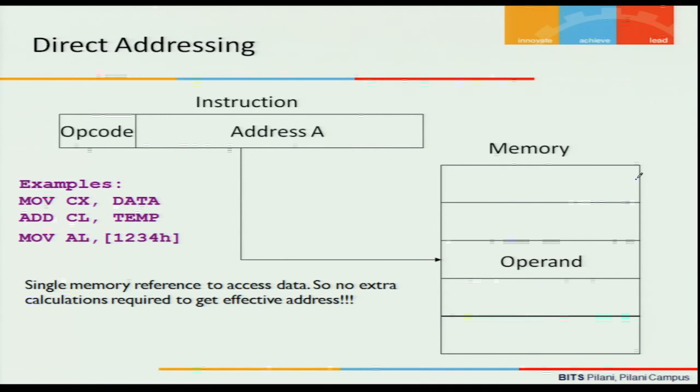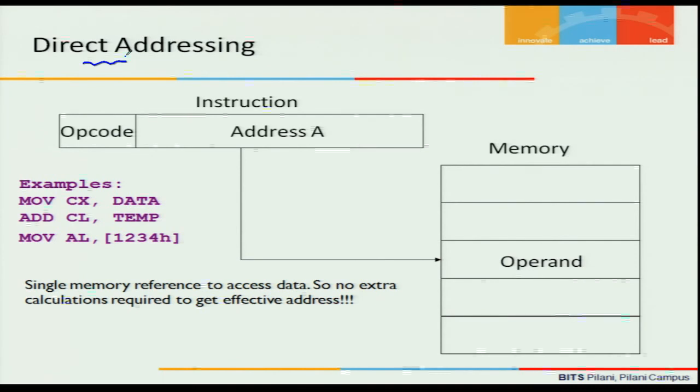The third addressing mode that you will find in, for example, the 8086 processor is what we call the direct addressing mode. And this direct addressing mode is one of the modes where I can get one of the operands from a memory location.